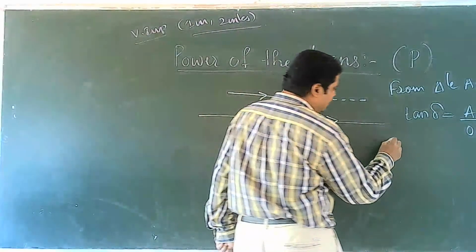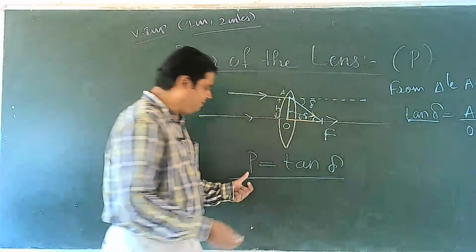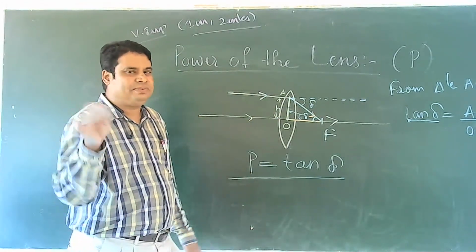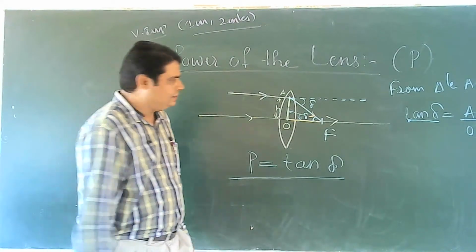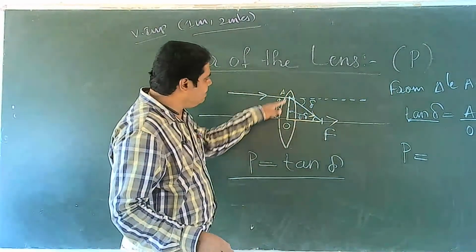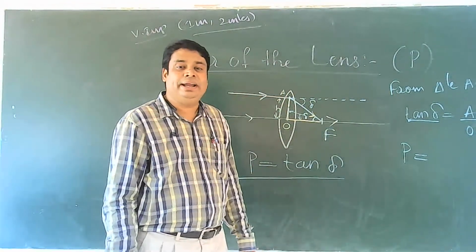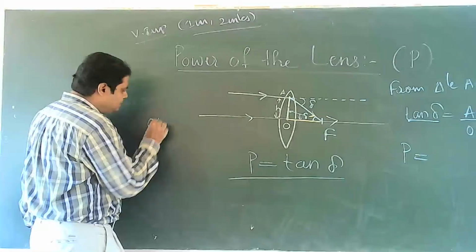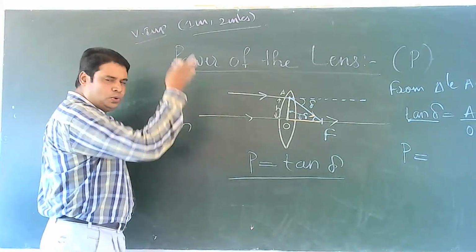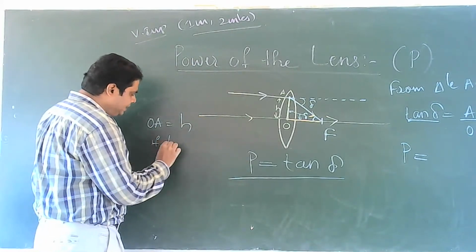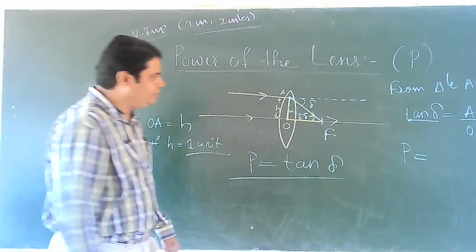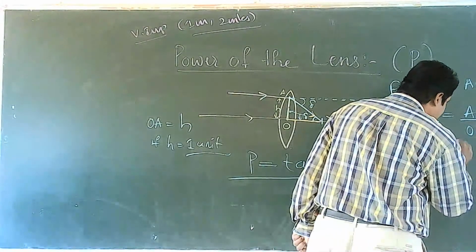By definition, tan delta is power, so I can replace this tangent by P. OA is nothing but height, OA is equal to h, where h is the height or distance from O to A. If h is equal to 1 unit, then OA is 1 unit.